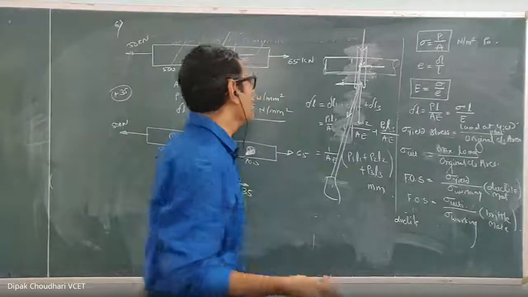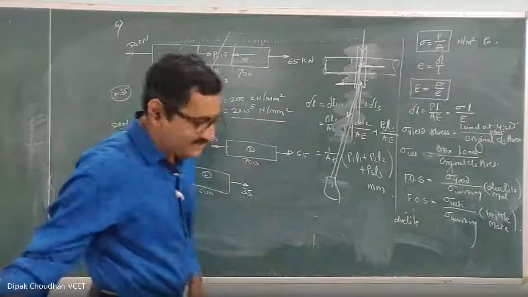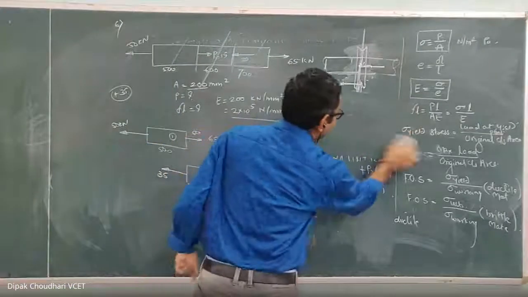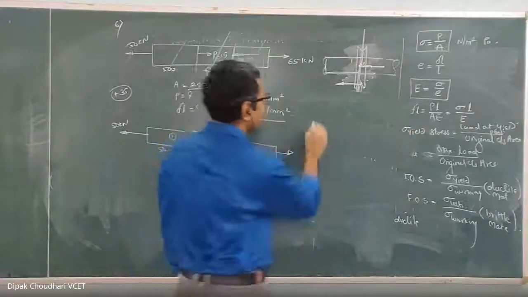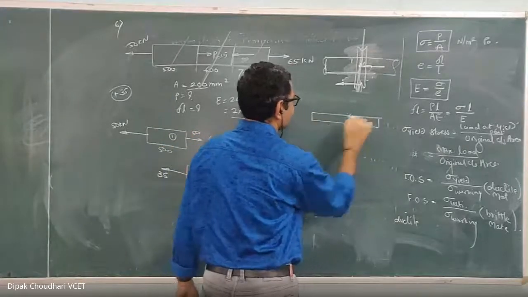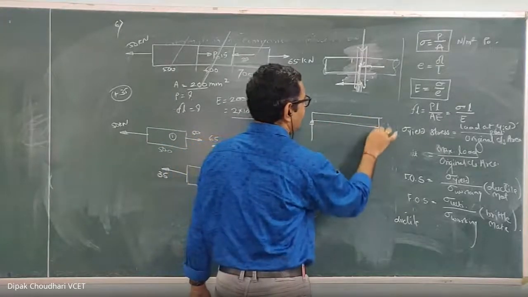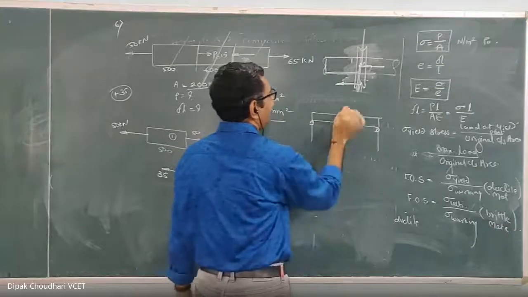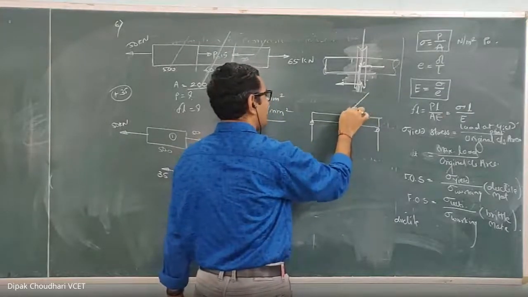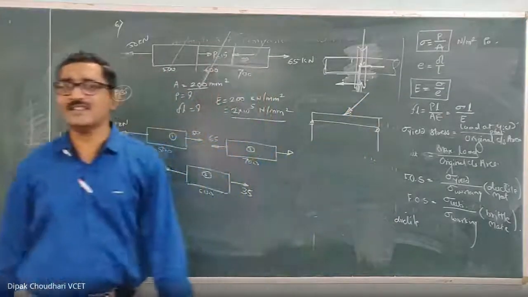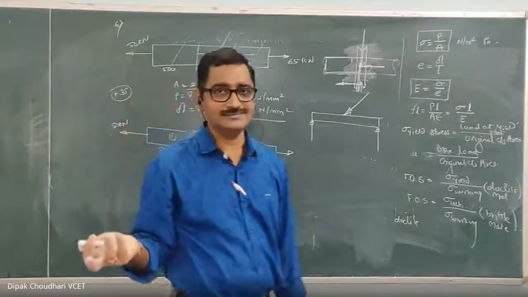Understood? Okay. Second thing, another example related to civil. Suppose this is one beam, supported at its two extreme ends, and at this intermediate point, one external inclined force is acting.